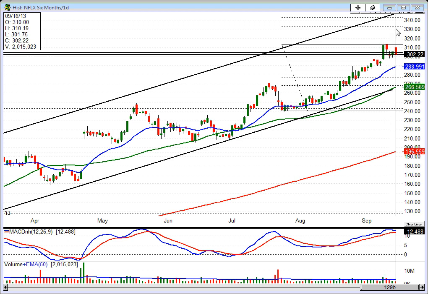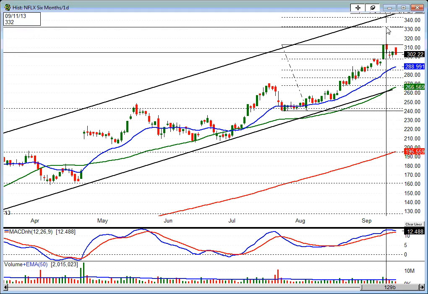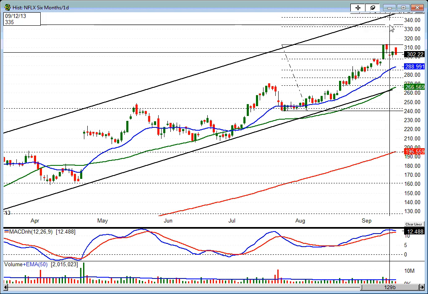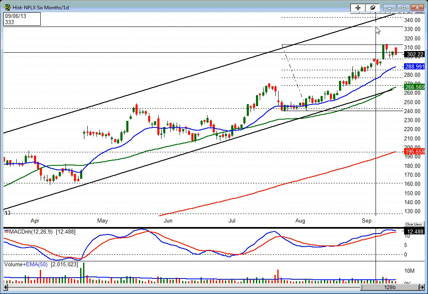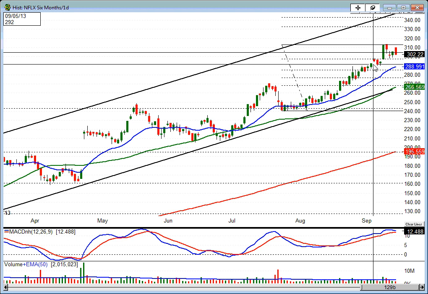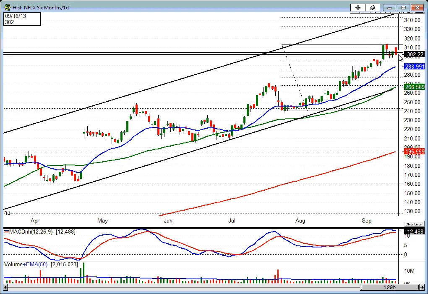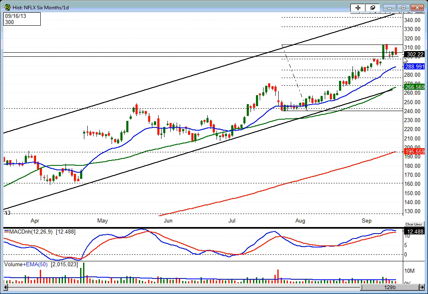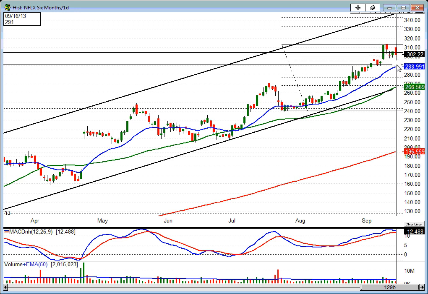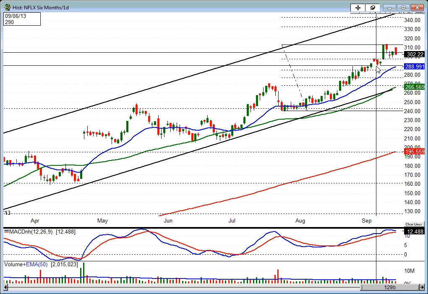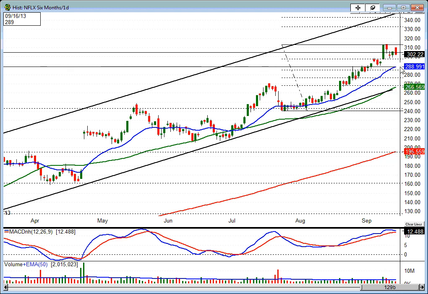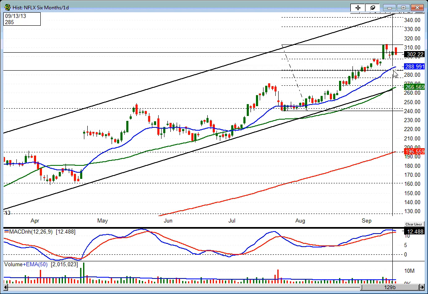And that will take us possibly up to this 127.1 extension at the 333 to 343 area. So we're still looking for that possible pullback to come down near this particular pivot low here, which is near the 20 EMA and also this 618 retracement.